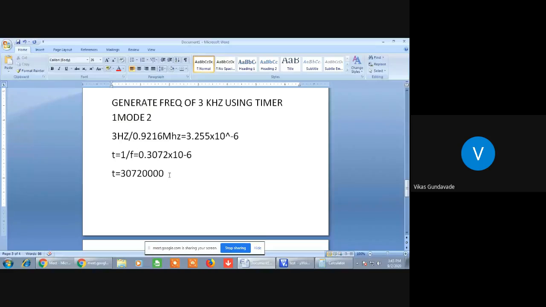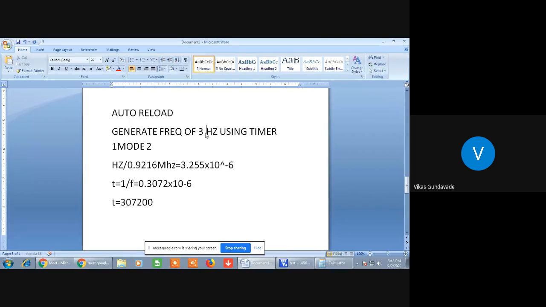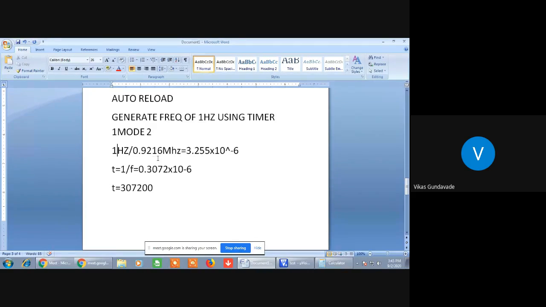So the time period t will be 3072. Still it is too much. For 3 kilohertz, if we generate 1 hertz, then in megahertz it will be 1 into 10 to the power minus 6.